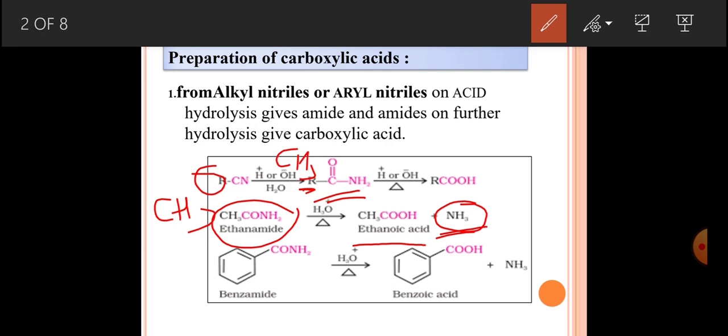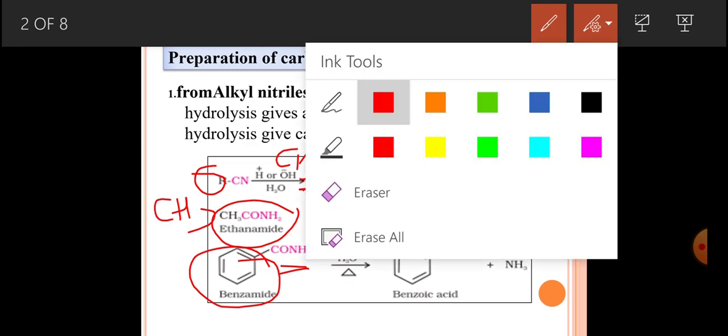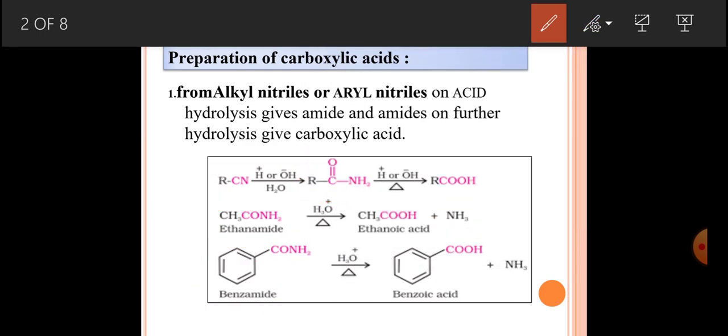Now we look at one reaction for aryl nitrile. R is replaced by an aromatic ring or aryl group. I have taken the benzene ring here, C double bond O NH2. What was R here? In the general reaction, what are we going to write?